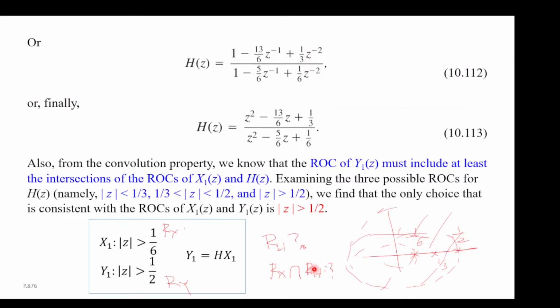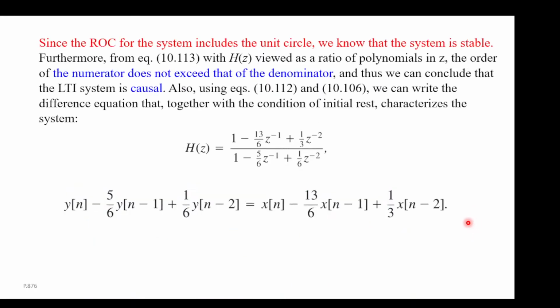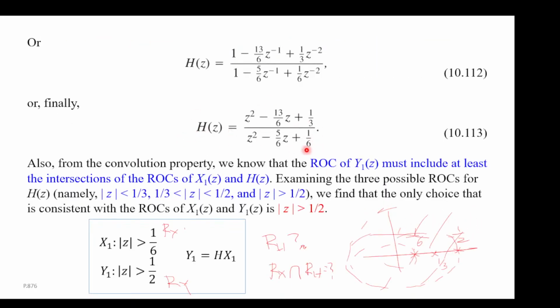First, the ROC is outside of a circle, and that's good, meaning that small h is right-sided. Also we need to see whether this H of z includes infinity, where when z goes to infinity, it converges.